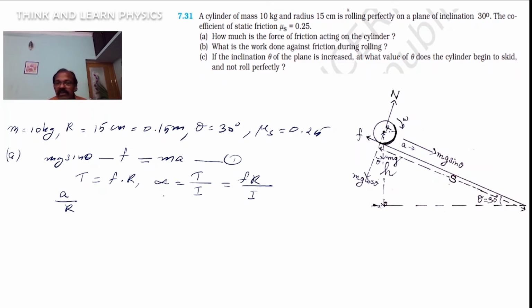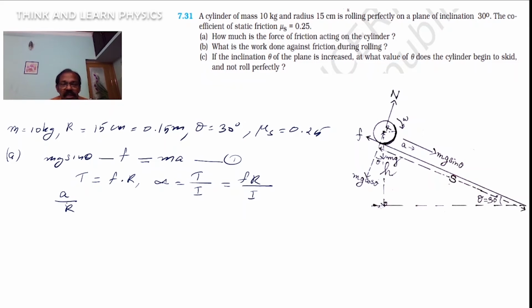For perfect rolling we have Vcm, the speed of center of mass, equals R into omega. Similarly, the acceleration produced for the center of mass Ac is equal to R into alpha.